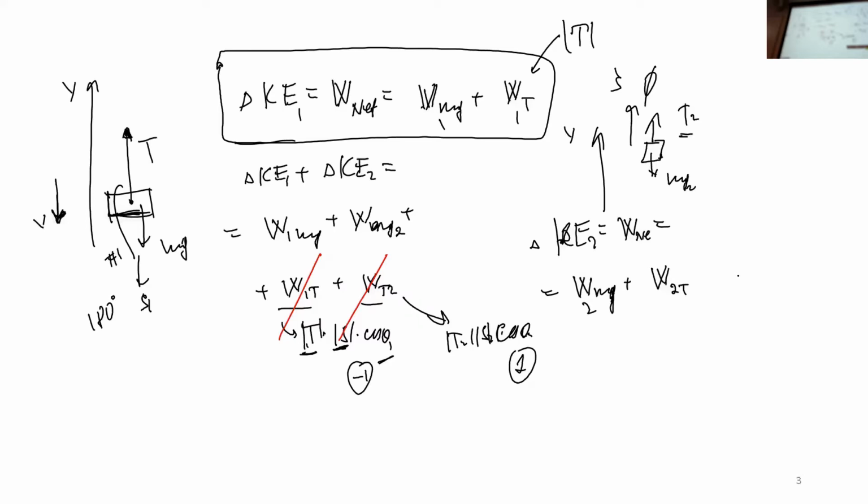And you will know all these terms. You can extract the information about tension using energy considerations. But again, I would say in this particular problem, that's not the best way. I would use Newton's second law. I think it would have been faster.